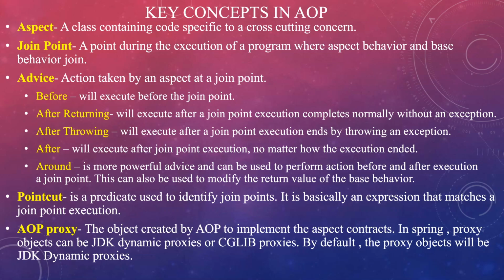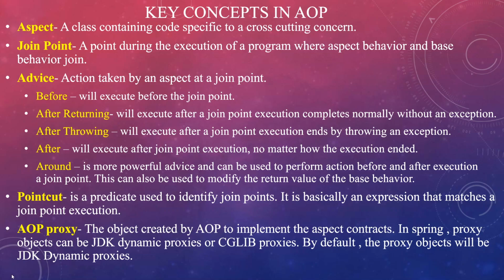The other way of creating the proxy object is using CGLib. This is a library that you can find in your class path when using AOP. The condition is that your target object extends a class. By default, Spring AOP uses JDK dynamic proxies to create the proxy objects.